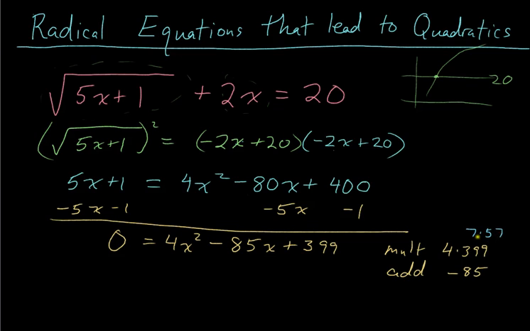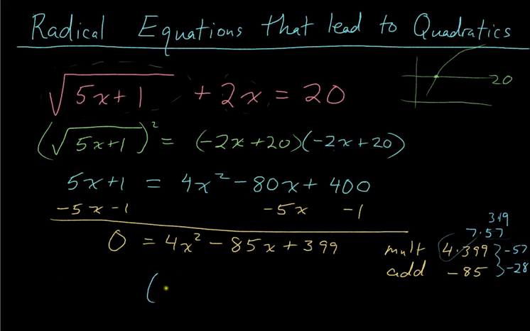And 57 splits down again. That's 3 times 19. So I'm going to think about how I can put these numbers together so that they get 85 apart. And actually, I guess I didn't need to do the last one, because 57 and 28 add up to 85. So my two numbers are negative 57 and negative 28.